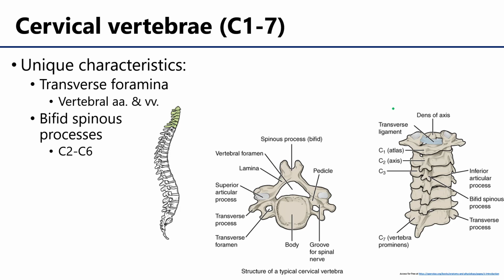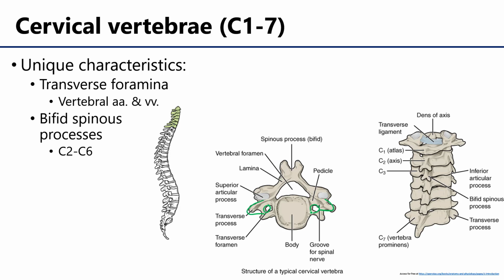So the first 7 vertebrae are referred to as cervical vertebrae or vertebrae of the neck, aka the C-spine. And they're very unique amongst the vertebrae of the vertebral column in that they possess an additional set of foramina called the transverse foramen, which we can see in close association with the transverse process of the cervical vertebrae.